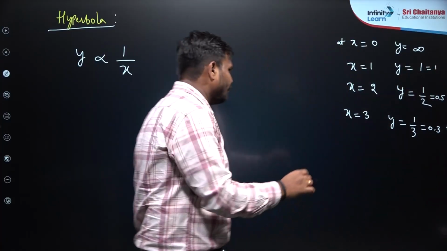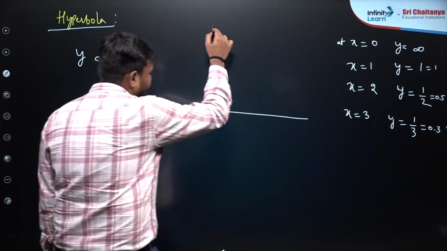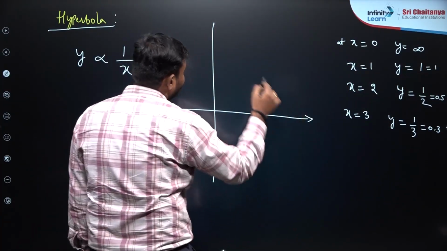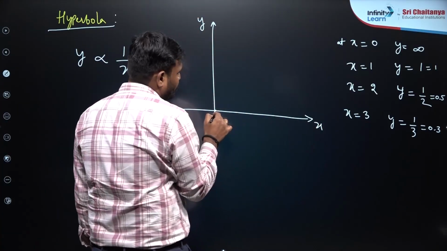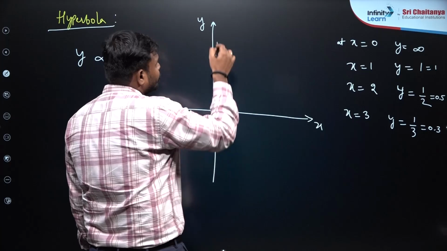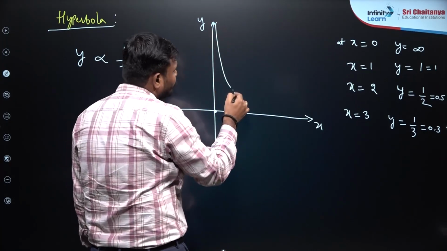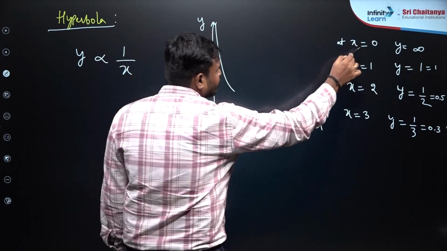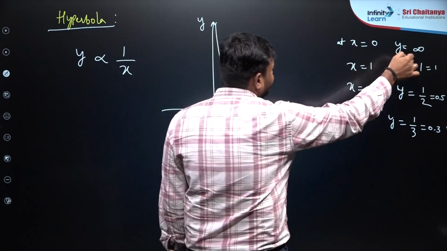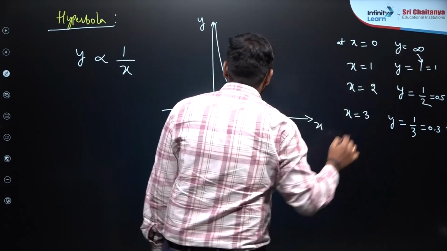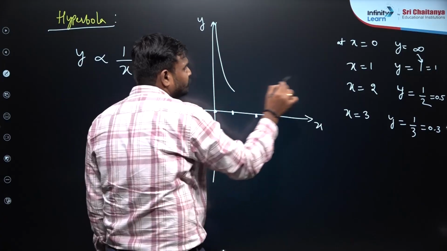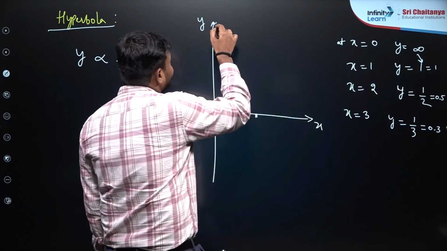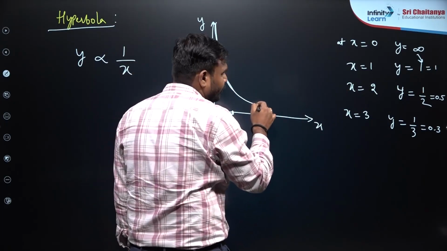So if you see, for a very small change, you are coming from 0 to 1, the graph will come from infinity to 1. 0 to 1 x changed, infinity to 1 y changed. Then 1 to 2 you are going, it becomes 0.5.